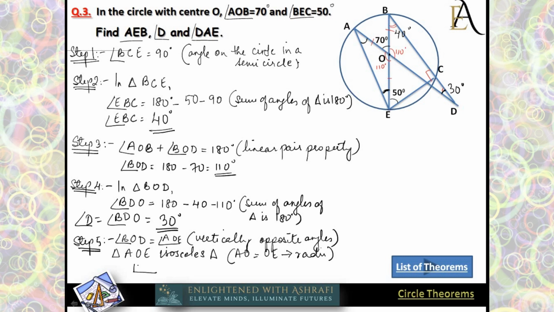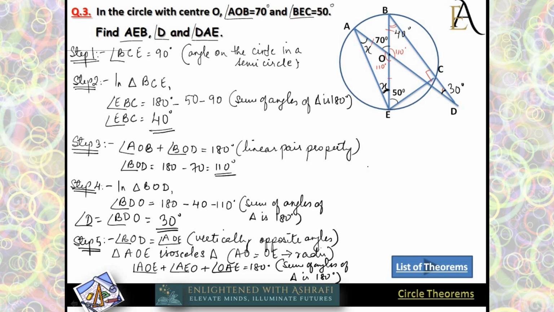So therefore angle AOE plus, let this be x, plus angle AEO plus OAE is equal to 180. Again sum of angles of a triangle is 180 degrees.